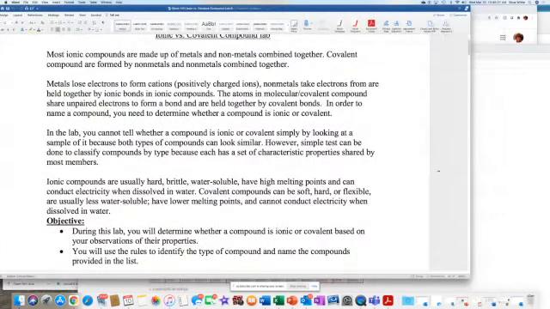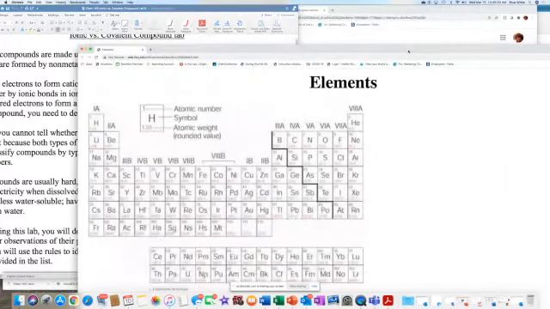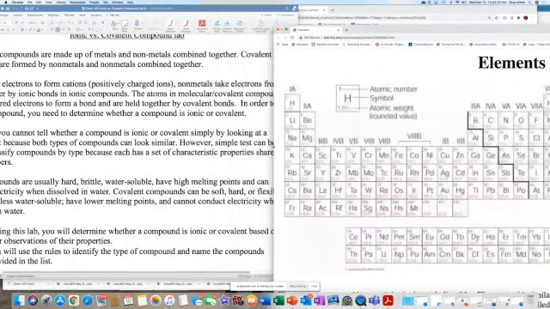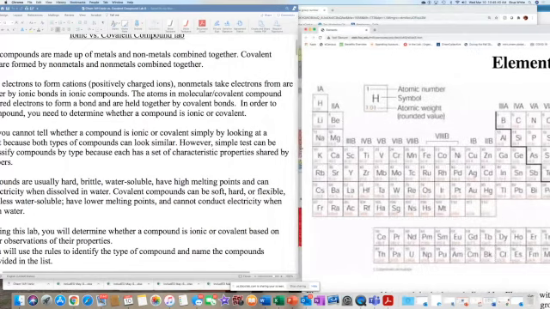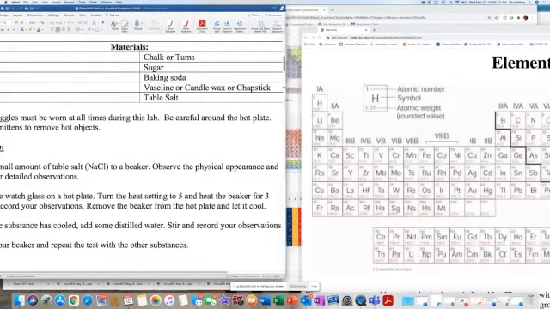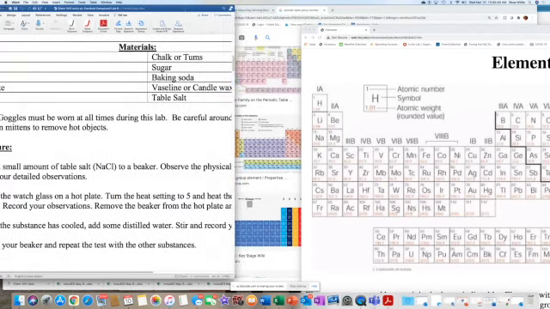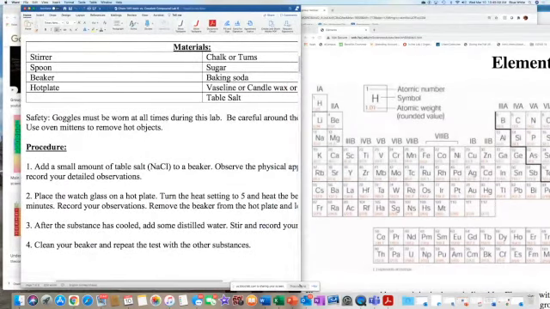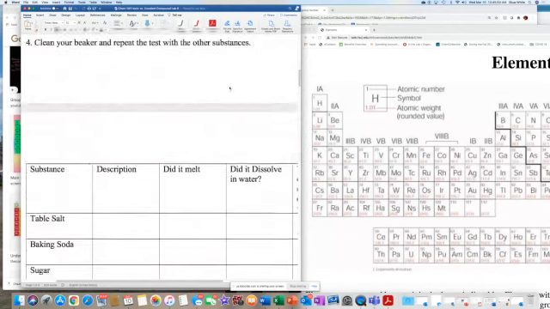Okay, so I need this on the left, and I need this on the right. Somewhere. So what we're going to be doing is trying to identify our metals. So I need the metals right here. And then I need this on the left side here.